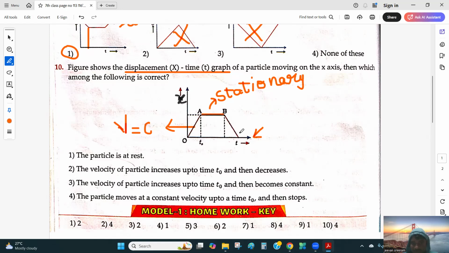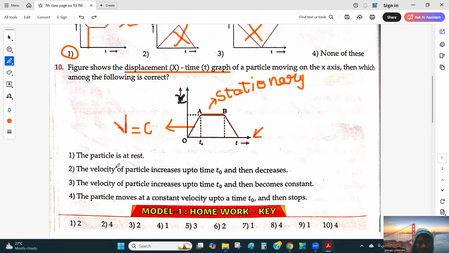It is coming back to its original position. Until time t equals t naught, velocity is constant and displacement increased, and then it is stationary. So it actually came back to the same position.